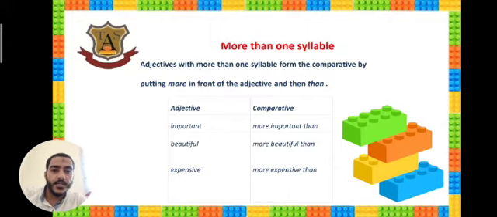Expensive. It's an adjective, the opposite of cheap. Expensive has three syllables, more than one syllable, so we have to add more before it and then after it to make it comparative. More expensive than.